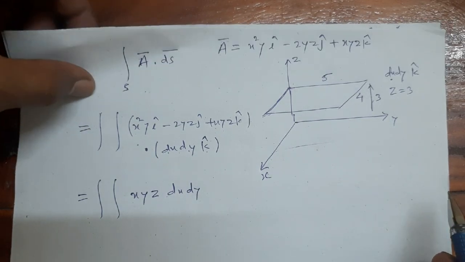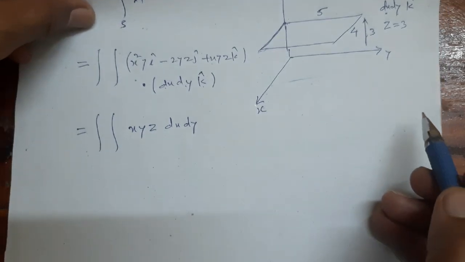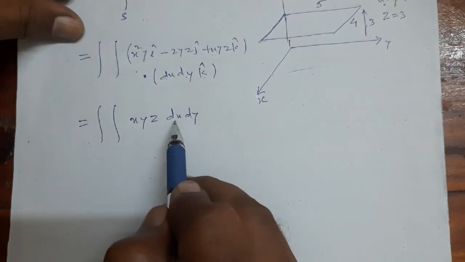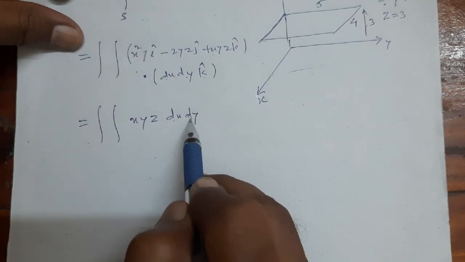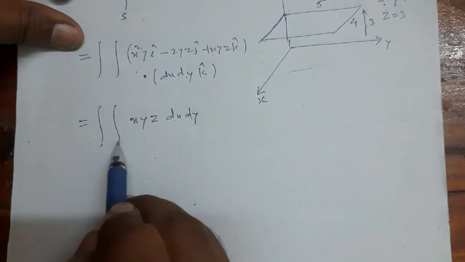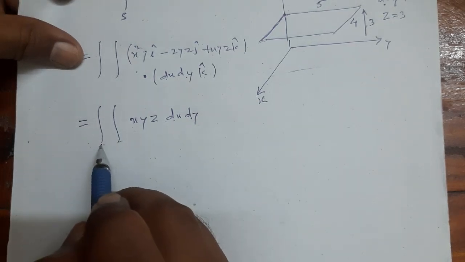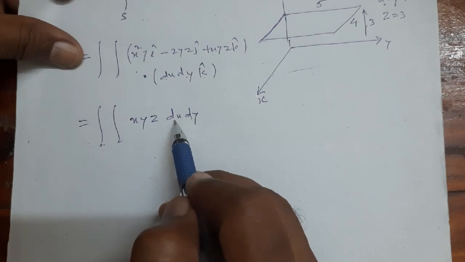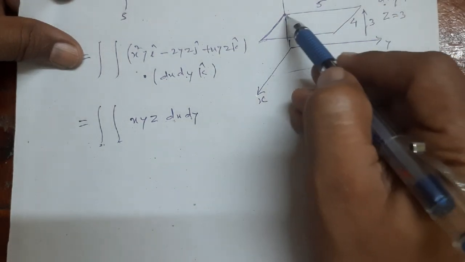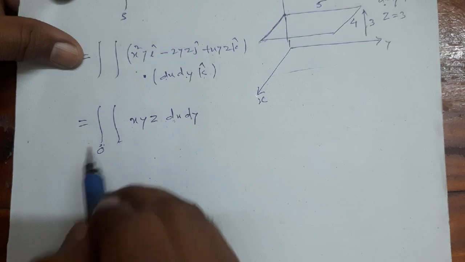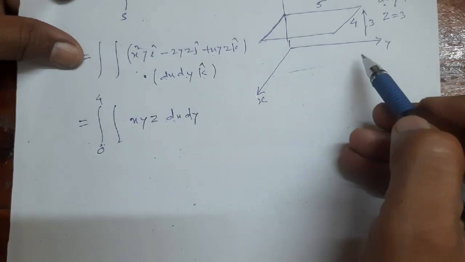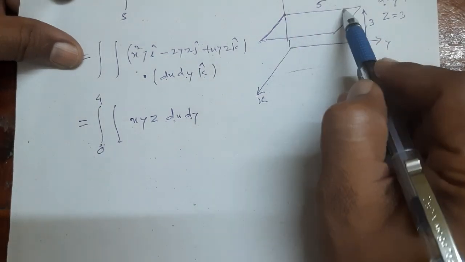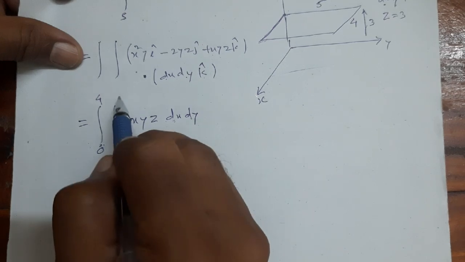Now if we don't use any bracket, then the convention is that the order of variables and order of integration will be same. Therefore, while writing the upper and lower limit, first of all I will have to write the limit for x. Now here x varies from 0 to 4, therefore I will write here it is 0 to 4. y varies from 0 to 5, and therefore here I will write it is 0 to 5.